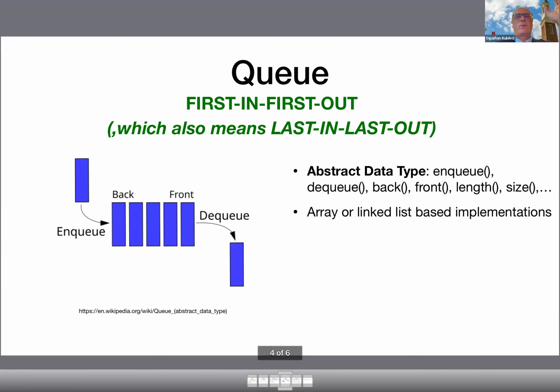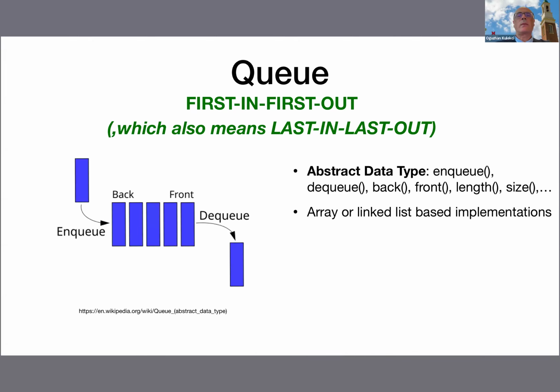That was for the stack data structure, and now similar to the stack, we have the queue data structure. With the queue, it is first in, first out. Whenever you go to a bank, you get a number from the queuematic, right? So whoever arrives at the bank first should get the service first.